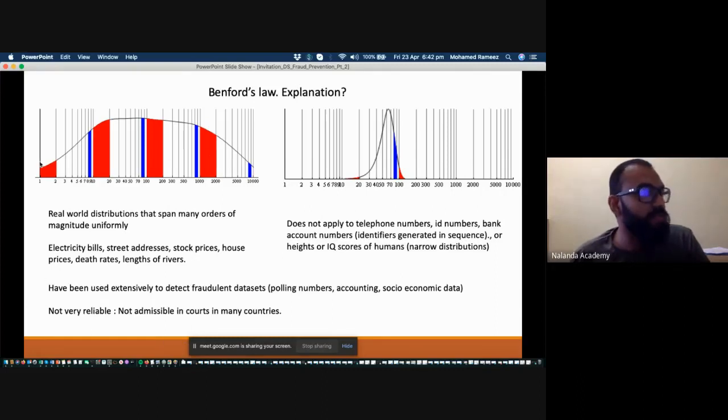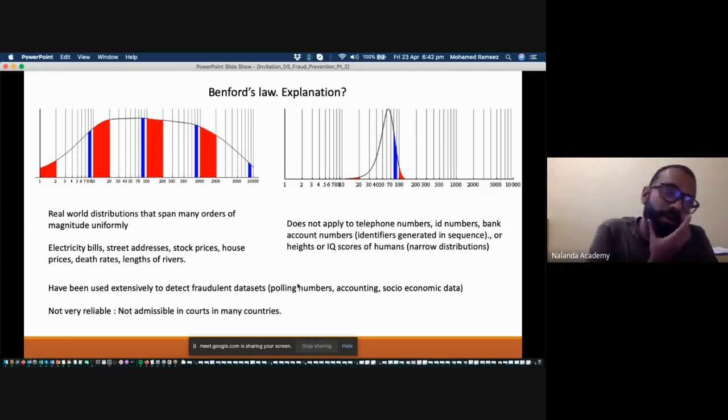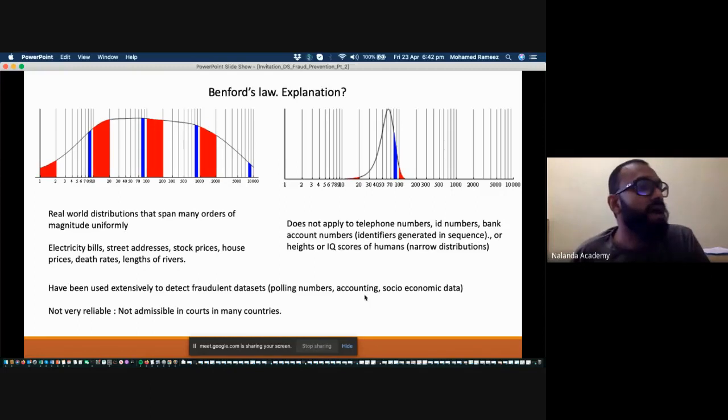Nevertheless, this method has been used extensively to detect fraudulent data sets. For example, polling numbers: the US media have quite often taken the election counts from various constituencies in countries like Iran, where people believe that the elections are not free and fair, and demonstrated that the first digits in the number of votes counted for different candidates in different constituencies are not Benford's law distributed, to suggest that there was evidence of ballot stuffing, etc. But the issue is that there is no real proof as to what systems this should apply to and what it shouldn't.